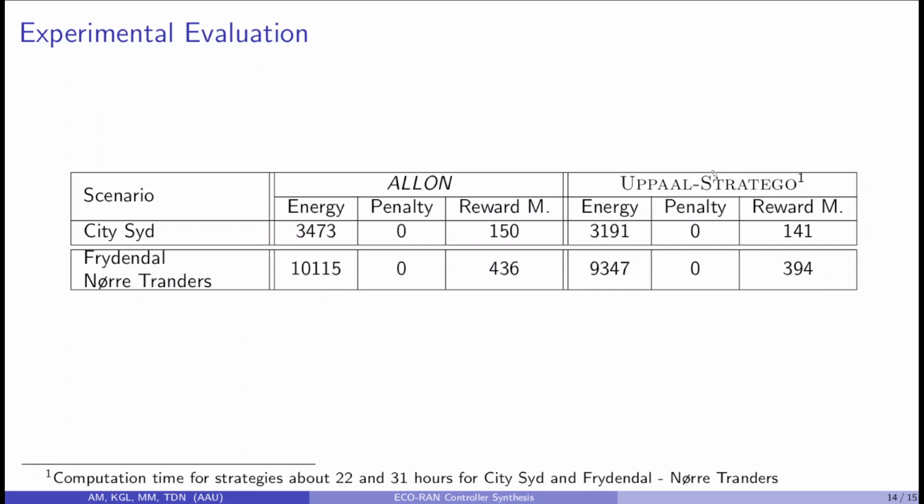UPAL Stratego is optimizing for the reward, so we have a smaller value, 141, and this is also reflected in the energy usage, so it uses 3,191 energy units. In the bigger scenario, when all cells are on, this is the usage of energy, 10,115, whereas by using UPAL Stratego, it uses 9,300, so it's about a 10% energy saving in 1 month.